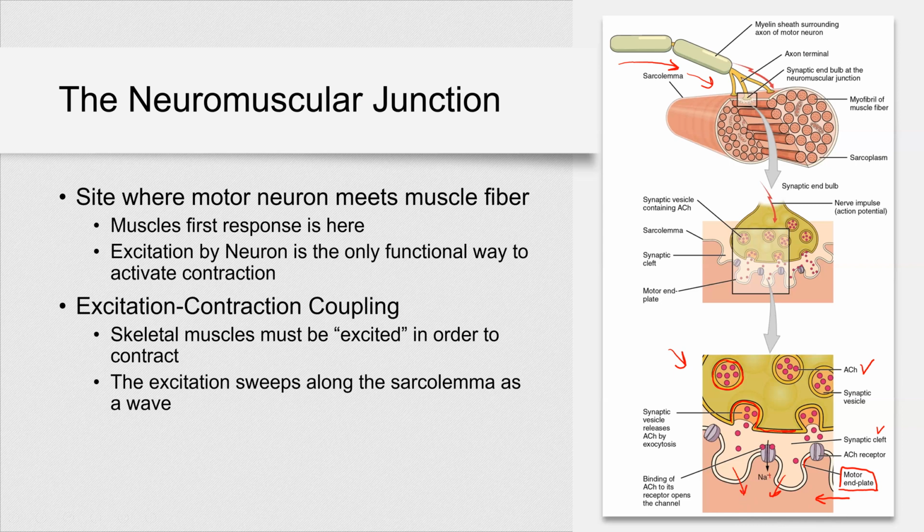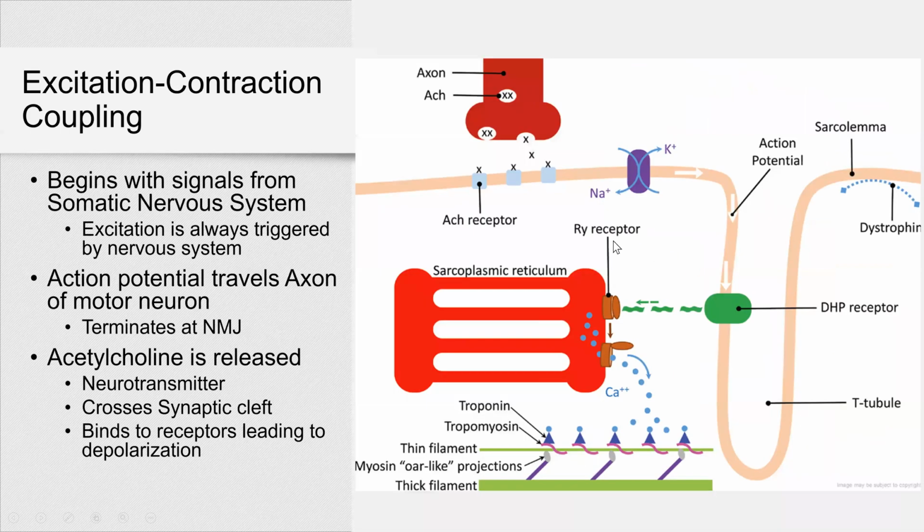This is our excitation. It's a part of excitation, we're exciting muscle cells, because what we need is an electrical impulse over here. Now, when the electrical impulse reaches this synaptic cleft, it cannot move through this space.